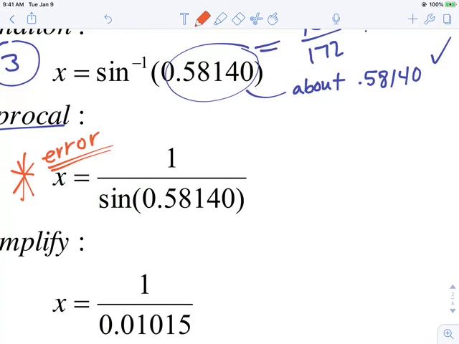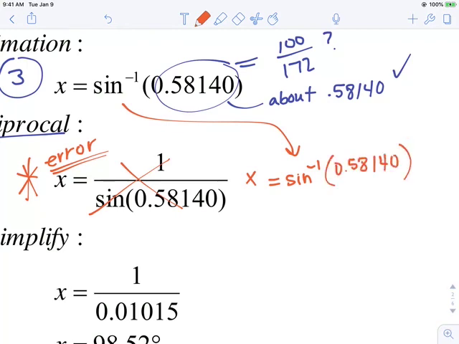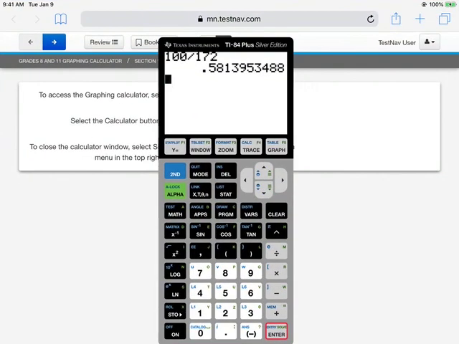This is the error. X is not equal to this. X is equal to what he had above, so X is equal to sine inverse 0.58140, which is about 35.55.